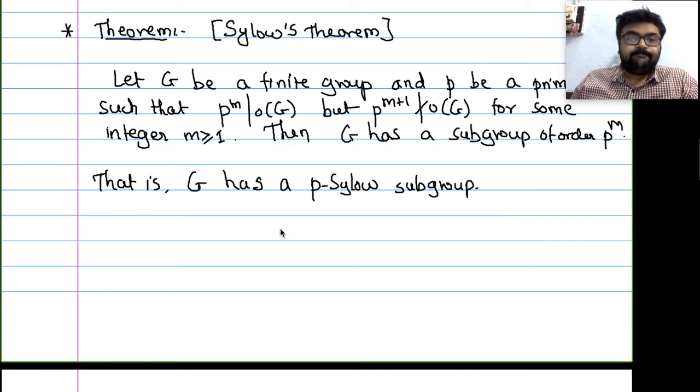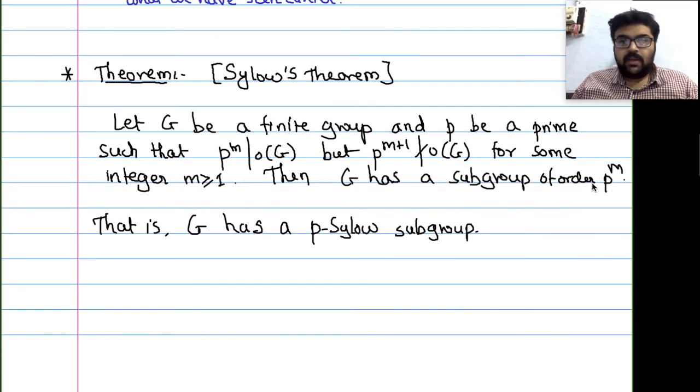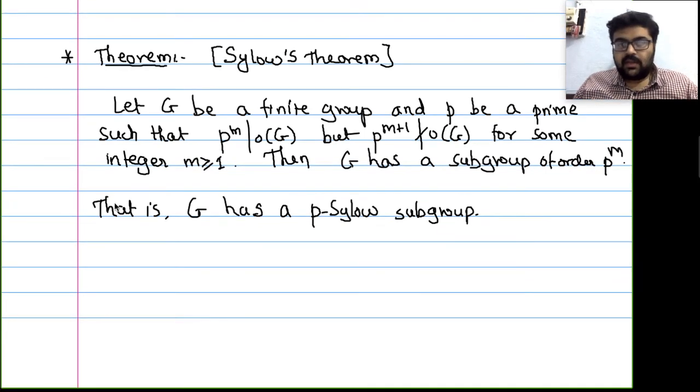So it says that it has a subgroup of order p^m. For example, if I have a group of order 24, it says that it has a subgroup of order 8.